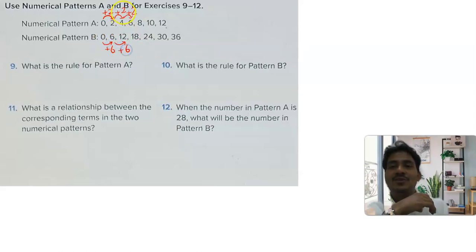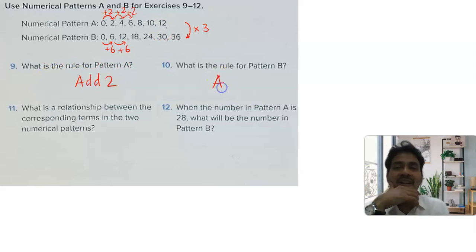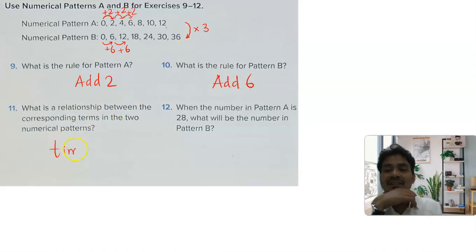So as you can see, 2 becomes 6. So the corresponding rule from here to here should be times 3. And yes, it is. So what is the rule of pattern A? Add 2. What's the rule of pattern B? Add 6. What is the relationship between them? Times 3.